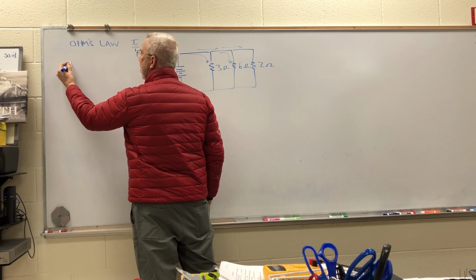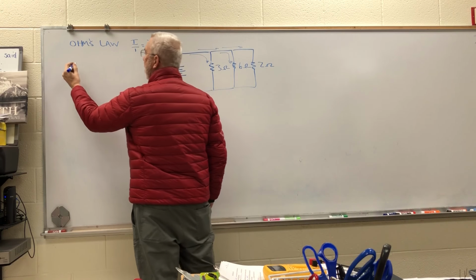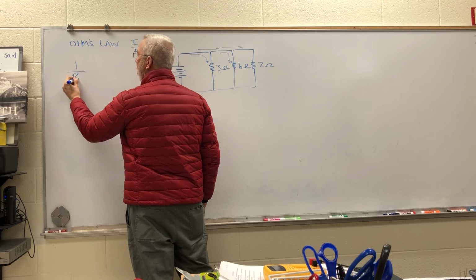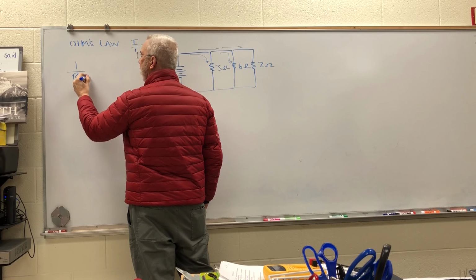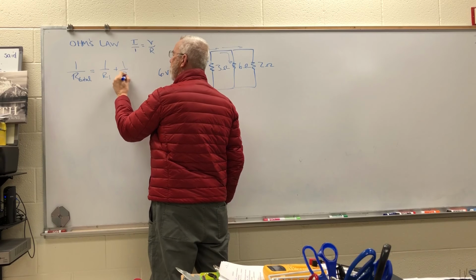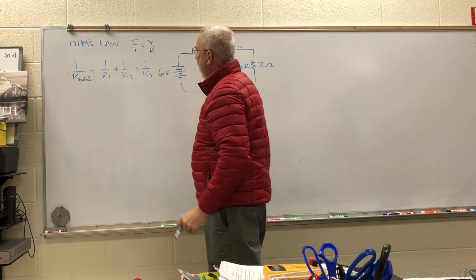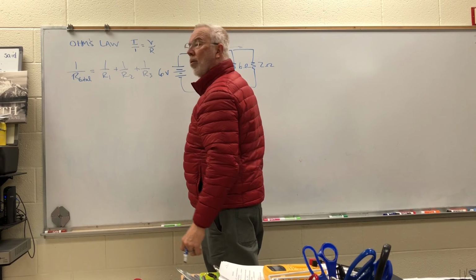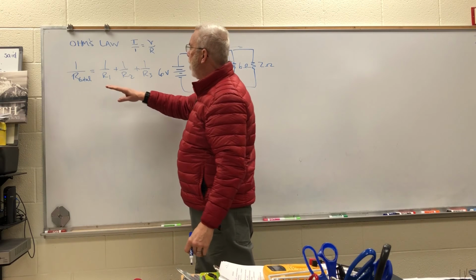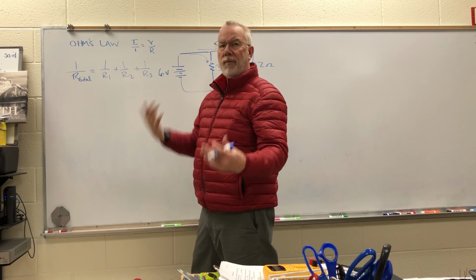The resistance is inverse, or it's the reciprocals. So we have 1 over R total is equal to 1 over R1 plus 1 over R2 plus 1 over R3, and however many resistors are in parallel. But notice that they all are the reciprocals, 1 over the value.